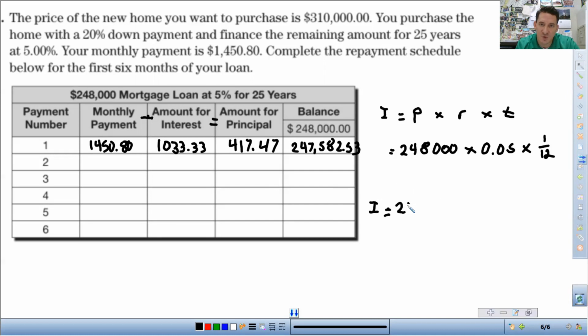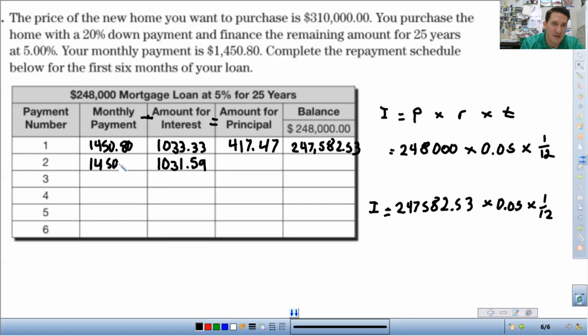And then you do the whole process again with your new principal being the previous balance. So the new principal is 247,582.53 times the rate times the time, 1/12, 1 month. And then you do that all again. So 247,582.53 times 0.05 times 1 divided by 12 comes out to 1,031.59. Again, the payment is $1450.80.